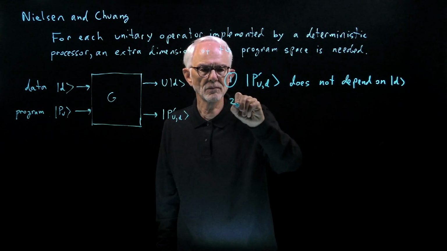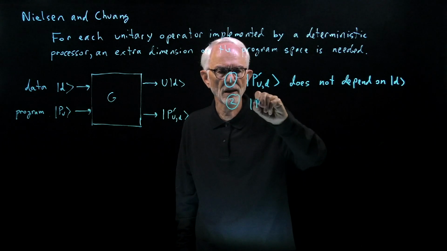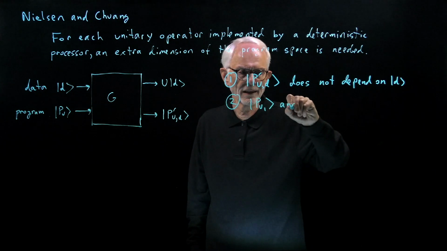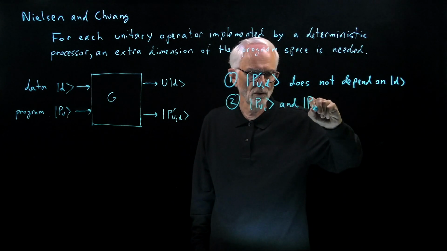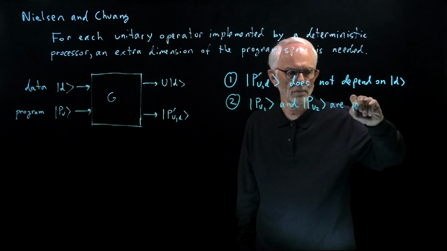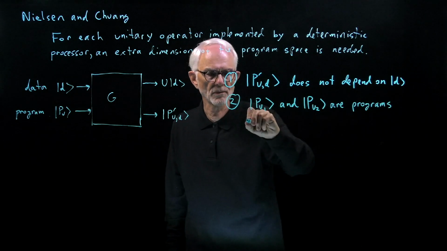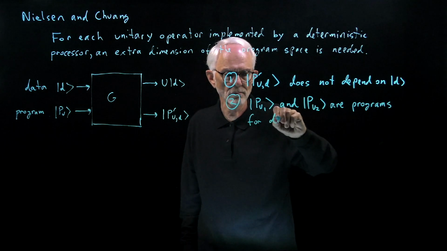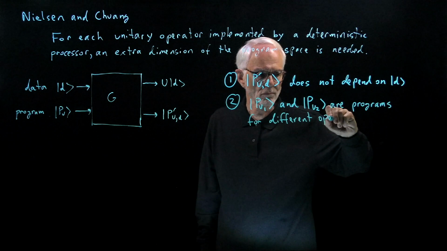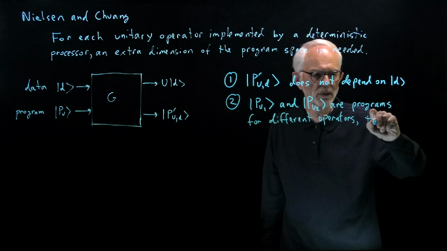The second one is that if P_U1 and P_U2 are programs for different operators, then they have to be orthogonal.